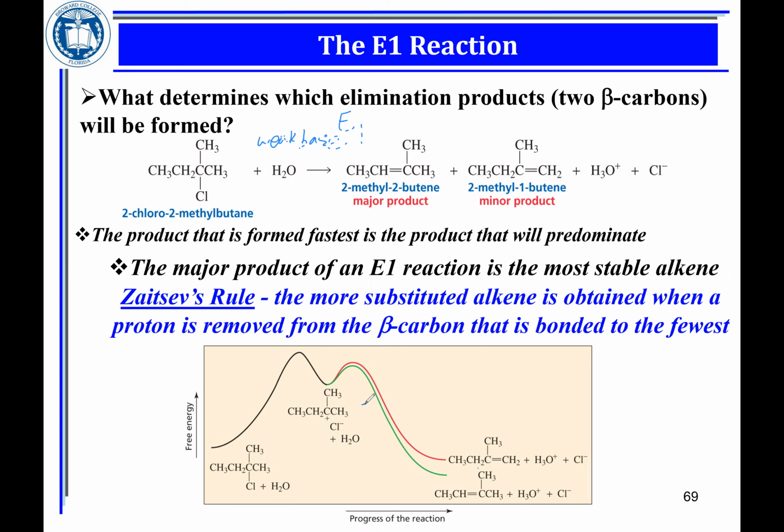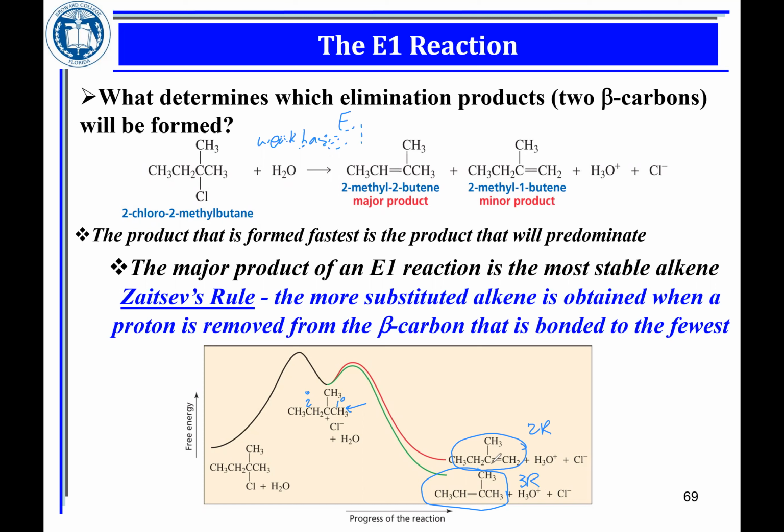Hydrogen can be removed from the primary carbon, or from this secondary carbon. If hydrogen is removed from the primary carbon, you get this product. If hydrogen is removed from the secondary carbon, you get the green line product. Since you have a 3R versus a 2R, this is a 2R product and this one is a 3R product.